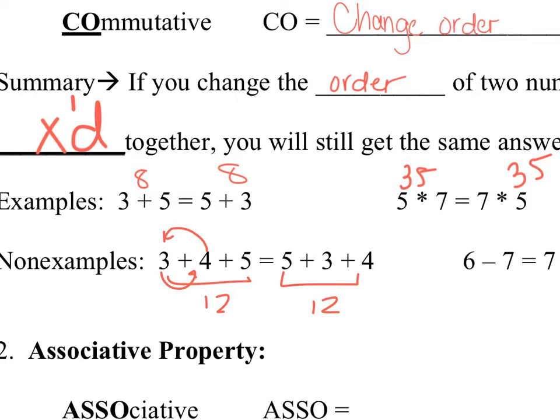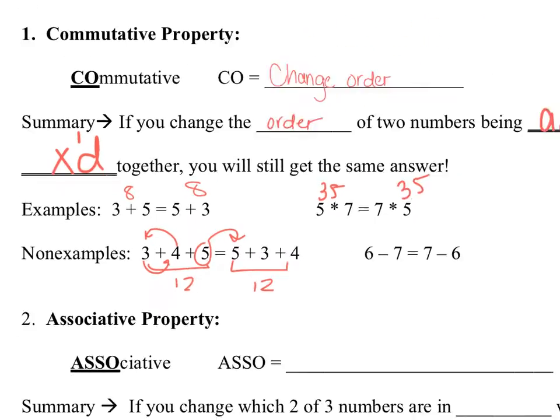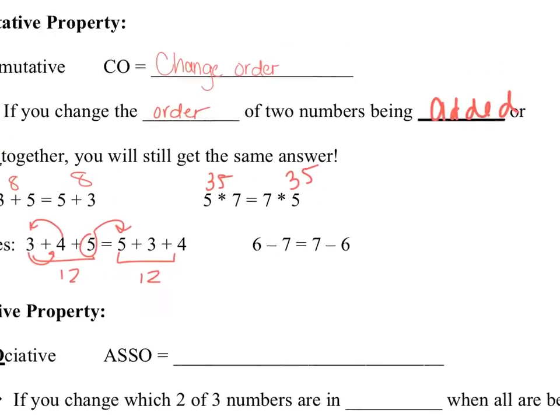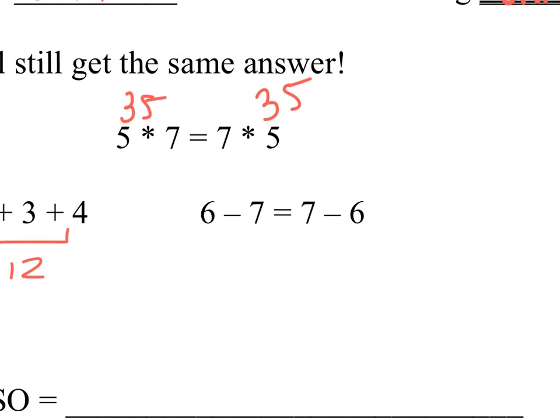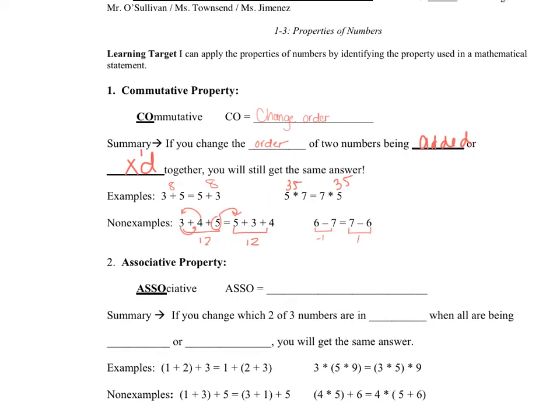But what I did was I moved my 5 from the end all the way to the front, which is not allowed. But that is going to make sense in our next property. Also, subtraction is not commutative, and the reason why is, well, 6 minus 7 is -1, but if I change the order and do 7 minus 6, I get a +1, which is not the same answer.